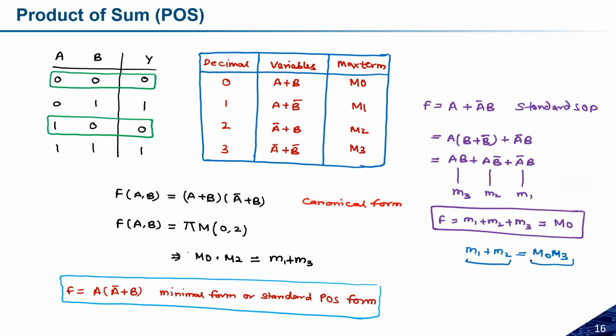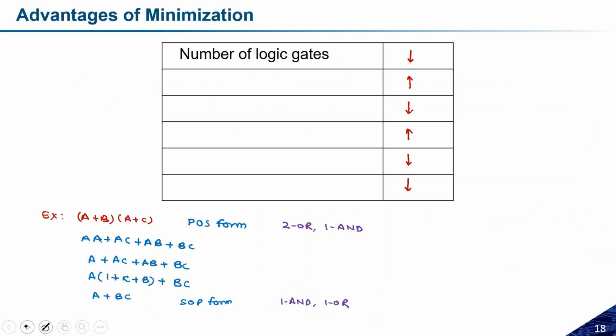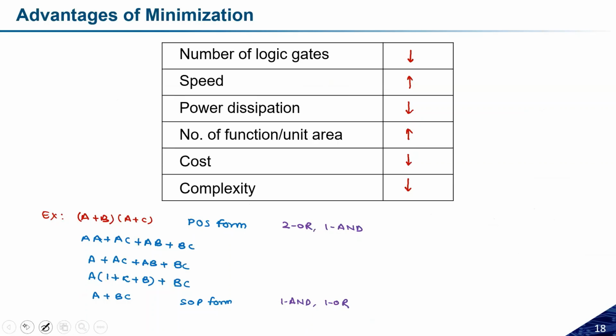Then the number of gates will possibly be equal. So it is not always true that you will get fewer logical gates after converting the form. But yes, you can get it. So this is important. This is the advantage of minimization.